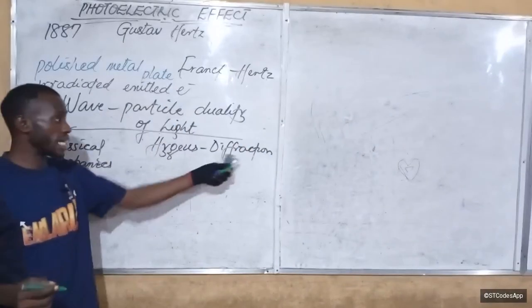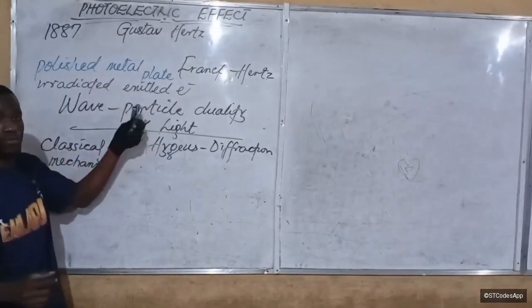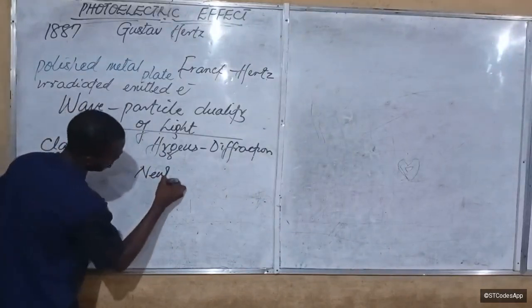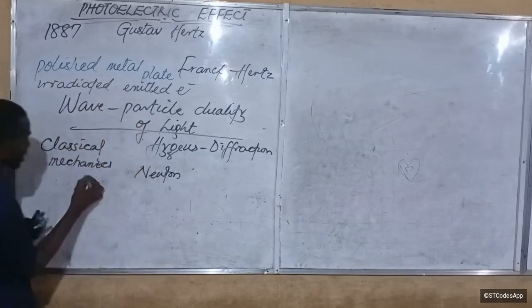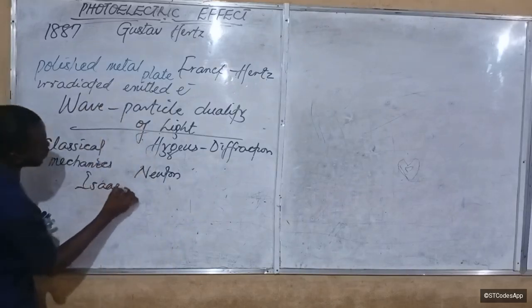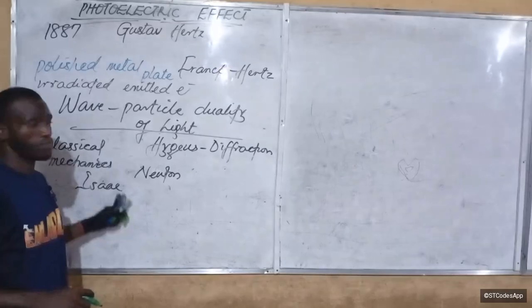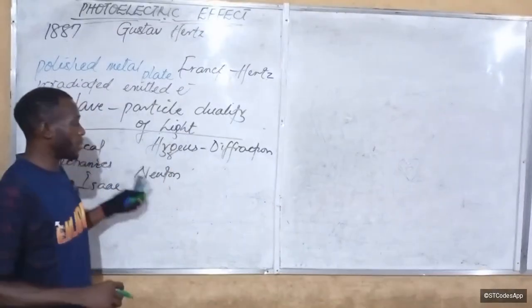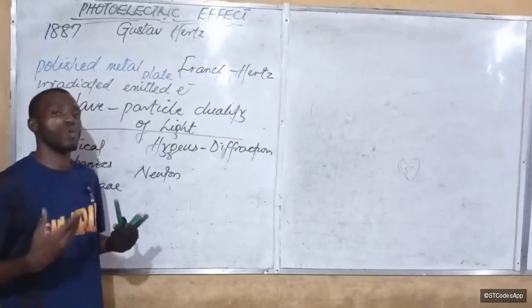And so for a long time, the particle nature of light, which was first proposed by Sir Isaac Newton in the 16th century, stood. When he did that, he mentioned the fact that light traveled in small packets.